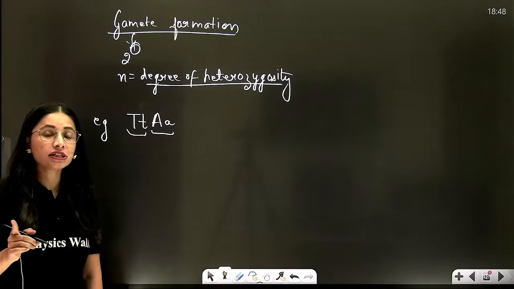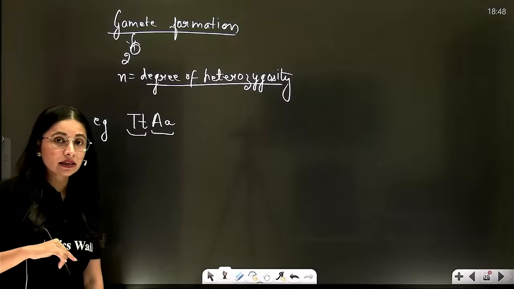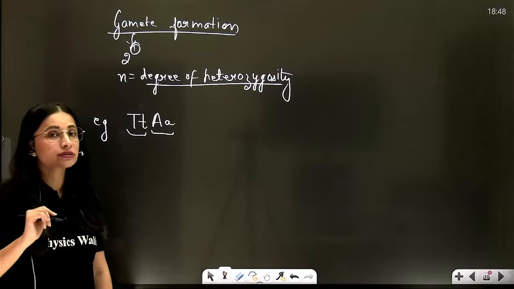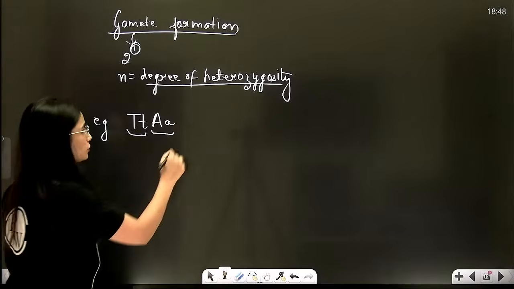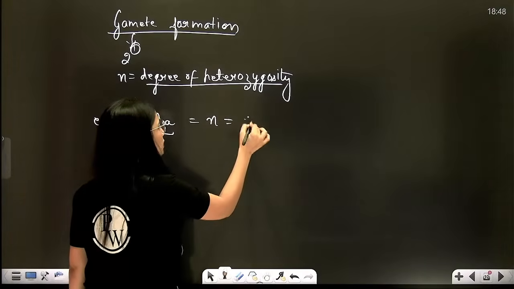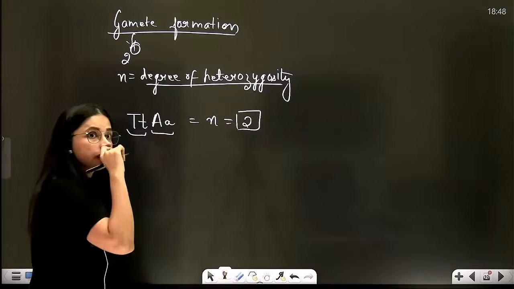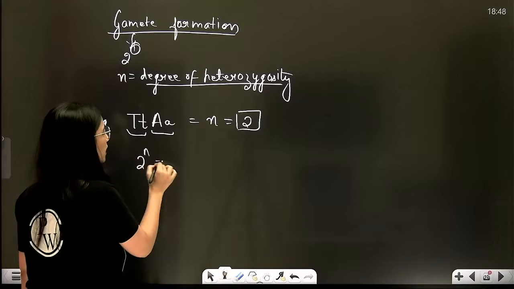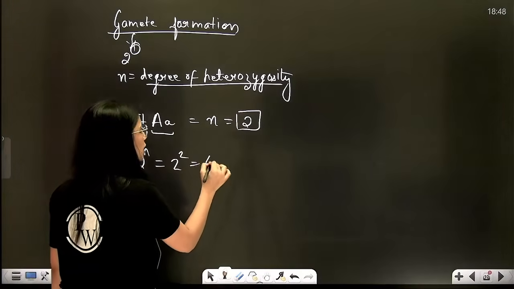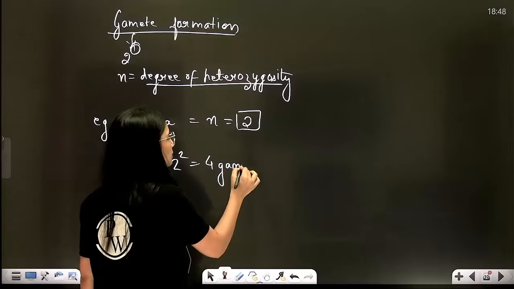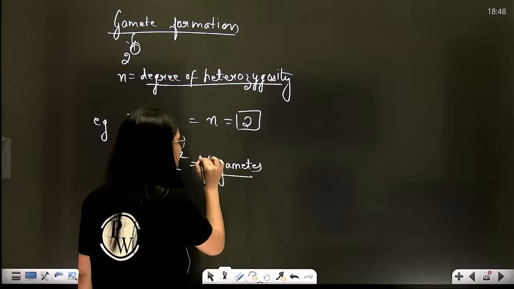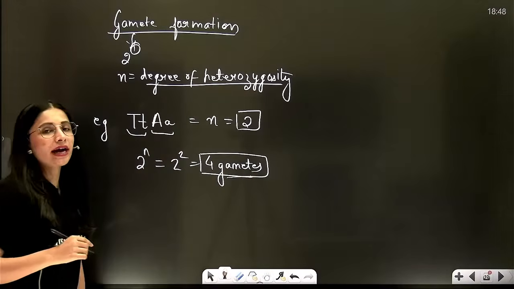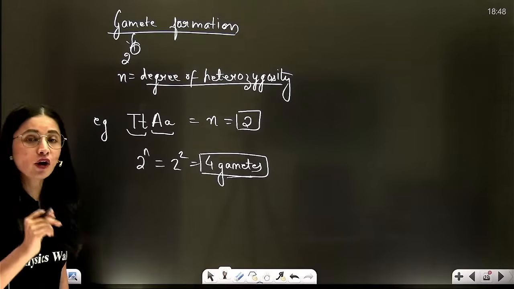So how many genes here are in heterozygous state? 2 genes. So the value of n will be 2. Formula is 2 to the power n. So 2 to the power 2 means total 4 gametes will be produced. This is how you calculate the number of gametes.